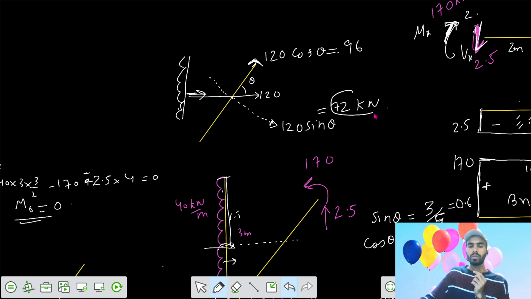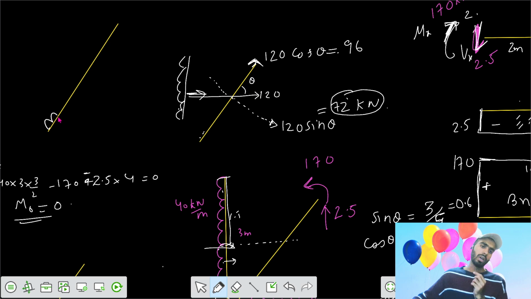So this is the total load that's acting on the entire 5 meter span. So your two member forces are acting on the member.